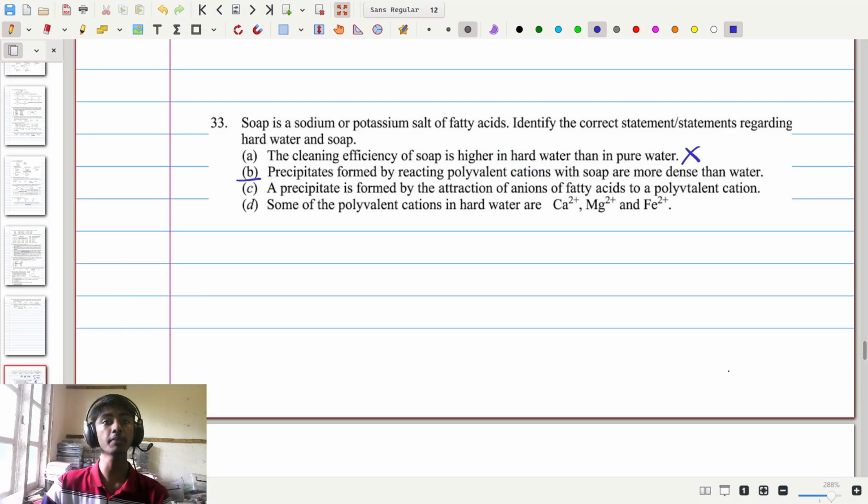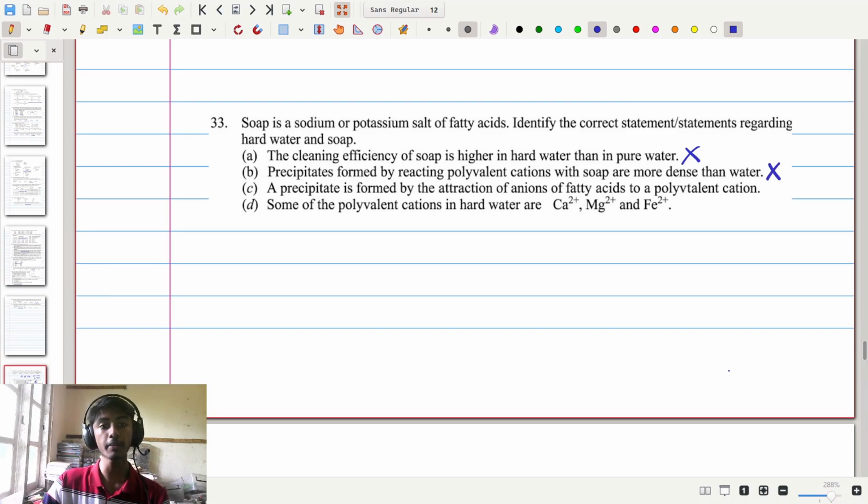Now moving on to statement B, it says precipitates formed by reacting polyvalent cations with soap are more dense than water. Now this first part is correct, however when it says more dense, it is incorrect, as the precipitates formed are less dense than water and will float on water as white clumps. So due to that, statement B is incorrect.